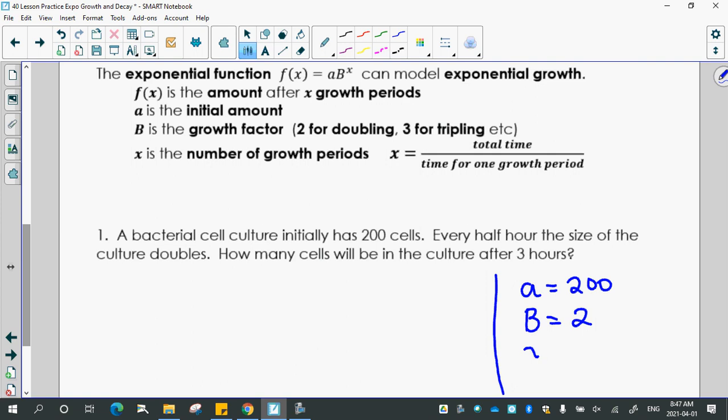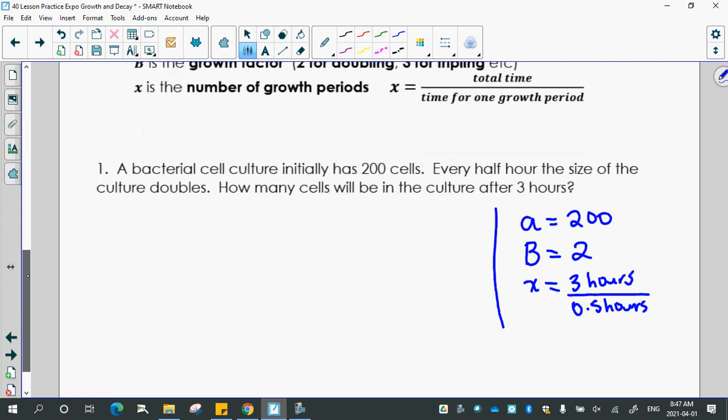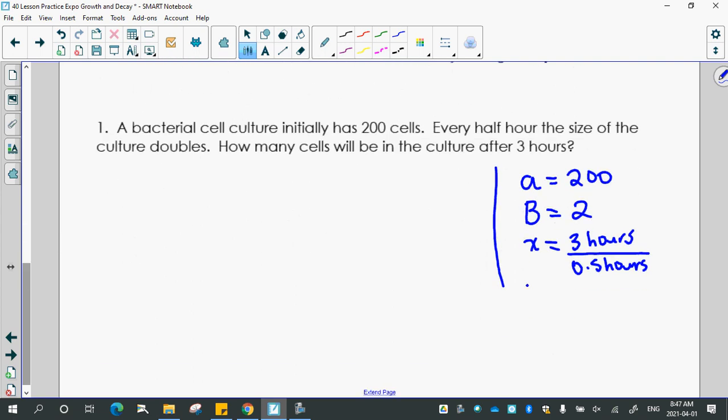Yes. So what's the total time? 3 hours. And what's the time for one doubling? So 0.5 hours, which makes X equal to 6. Good.